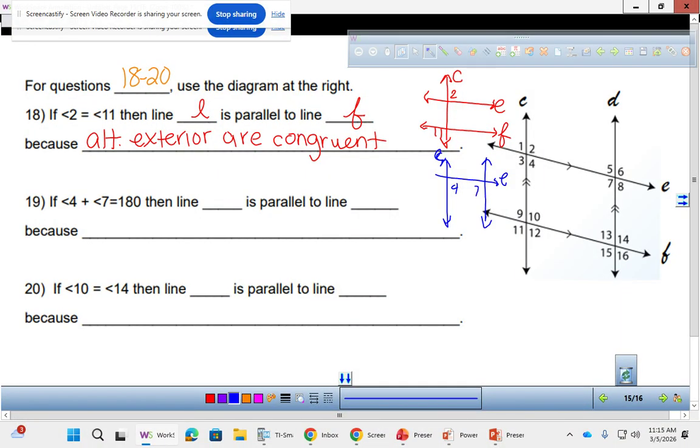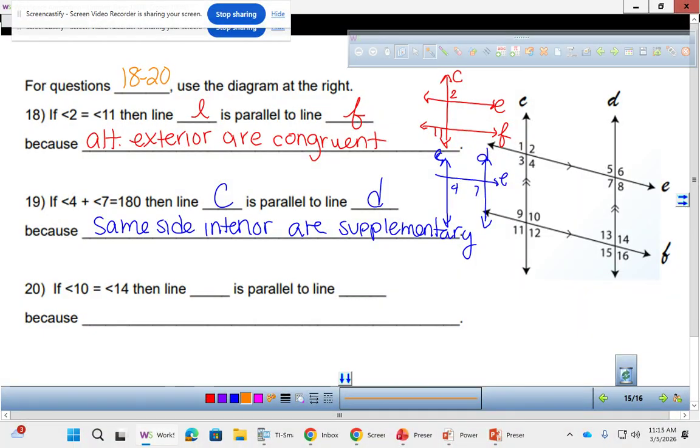So I can see from this picture that my parallel lines are C and D, the up and down lines. And the relationship between 4 and 7 is that they're on the same side of that transversal, and they're interior angles. And same side need to be supplementary. So the explanation would be the angle relationship.